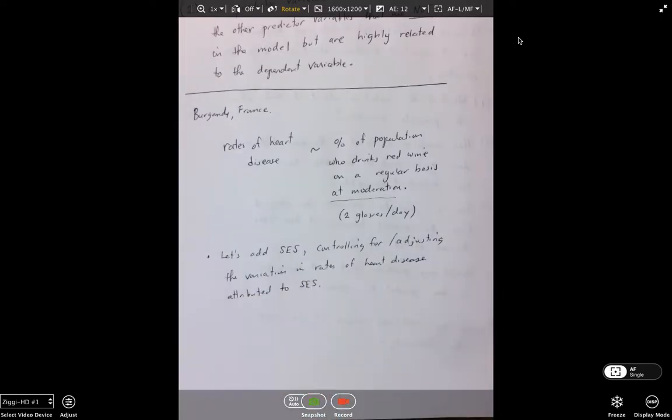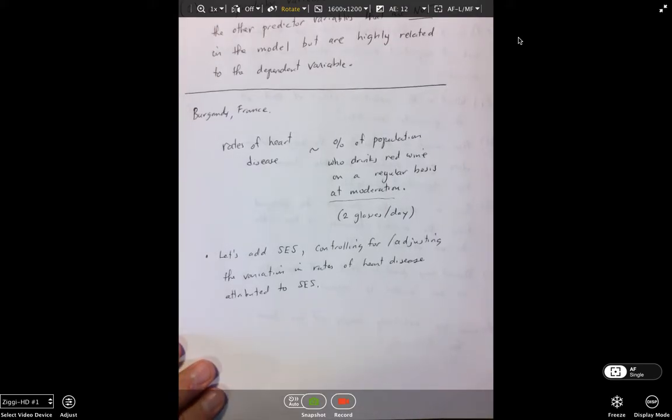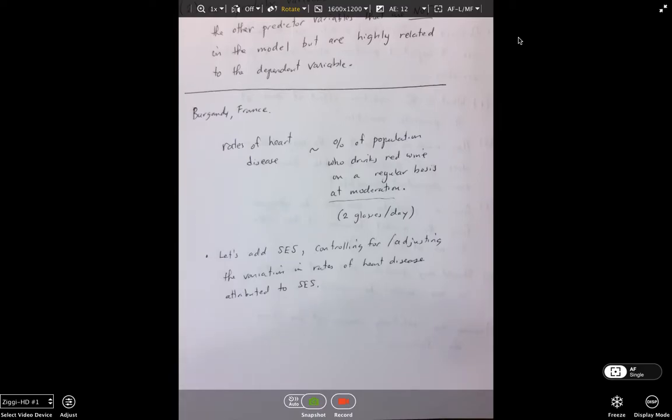If you remember how the interpretation of an additional variable goes, if I have the percentage of the population who drinks red wine and add in socioeconomic status, then I would say controlling for drinking wine on a regular basis in moderation, a 1 unit increase in SES, whatever the beta would be, is the rate of change.